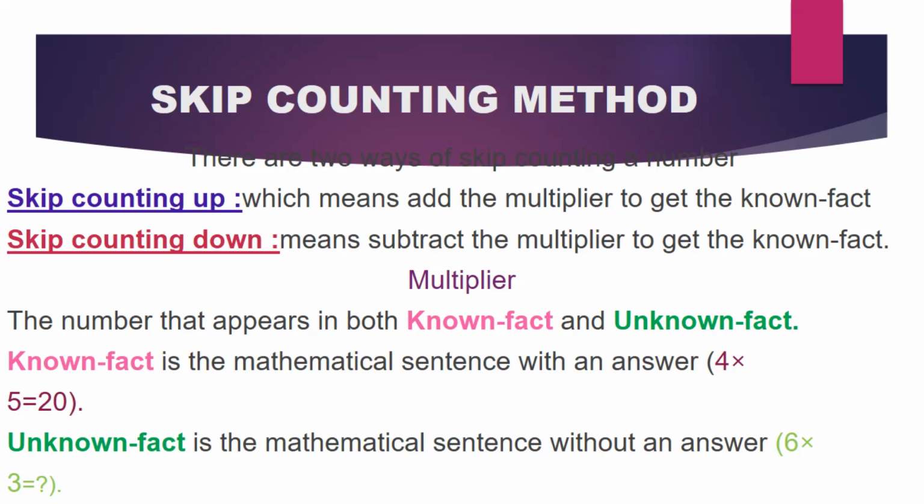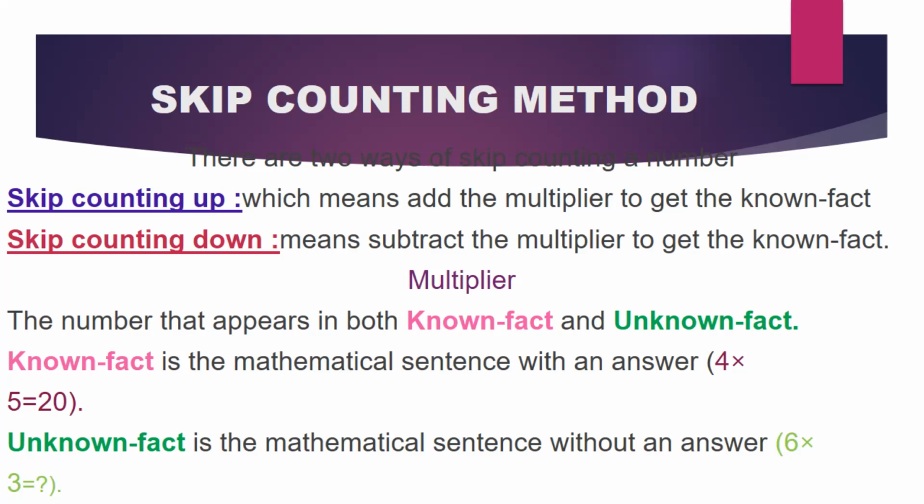The multiplier is a number that appears in the known facts and unknown facts. A known fact is a mathematical sentence with an answer. 4 times 5 is 20. We have the answer here, so the answer is known to us. That is why we call it a known fact, no doubt of that. The unknown fact is a mathematical sentence without an answer.